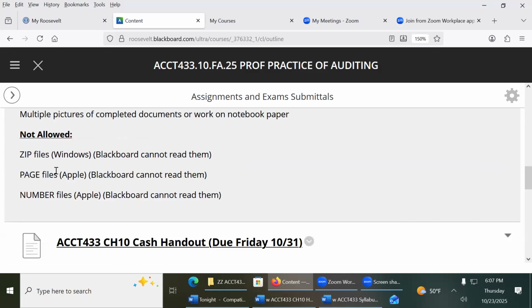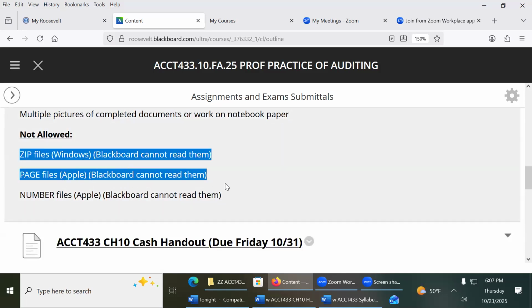Things that are not allowed: zip files and pages files. Blackboard can't read them. It's even worse because they sit in the grade book and I can't get them out, because it shows as pending, until you actually take them out.